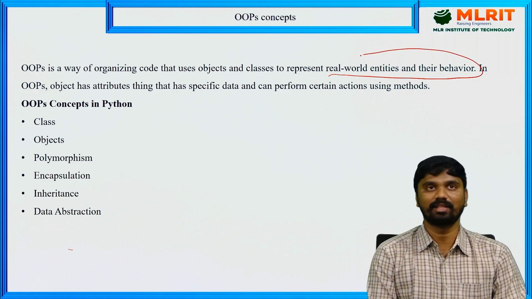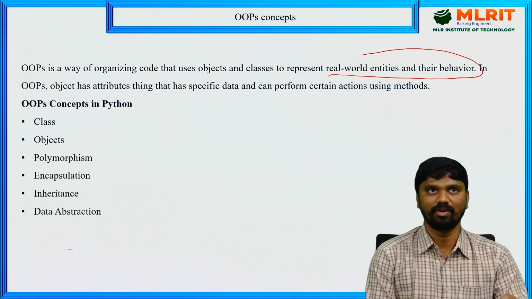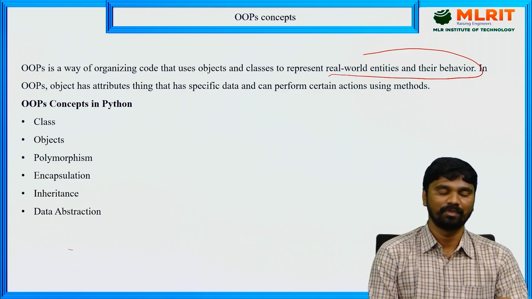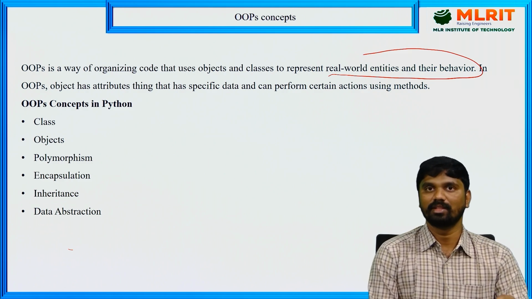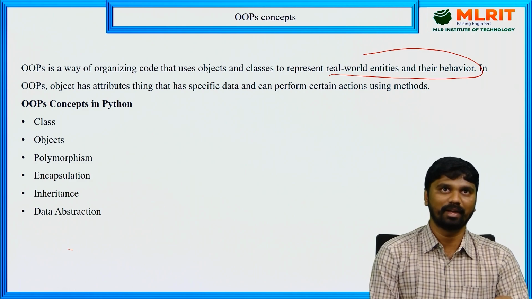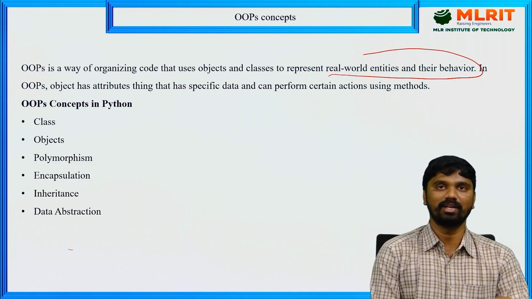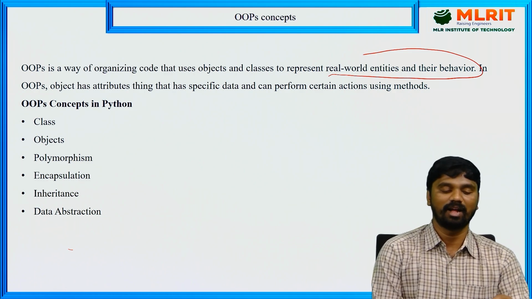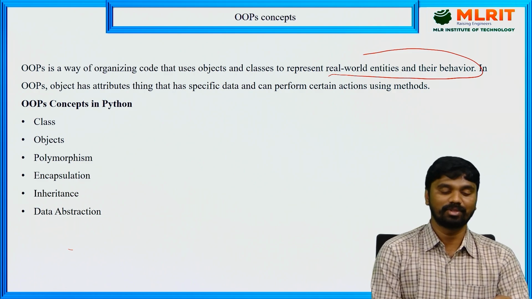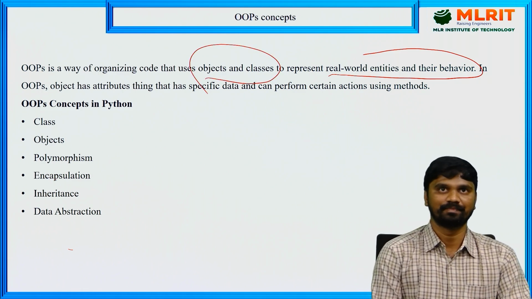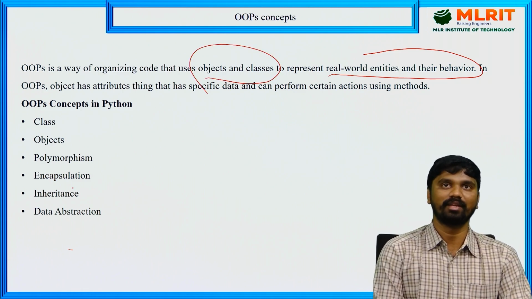That is the main purpose of the OOPS concepts. They organize the code by using objects and classes to represent real world entities or real world behavior. So these two things are the main components.